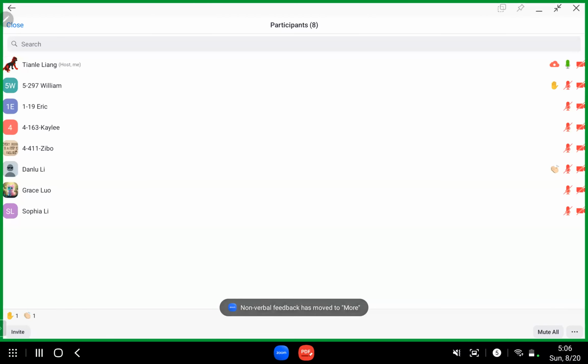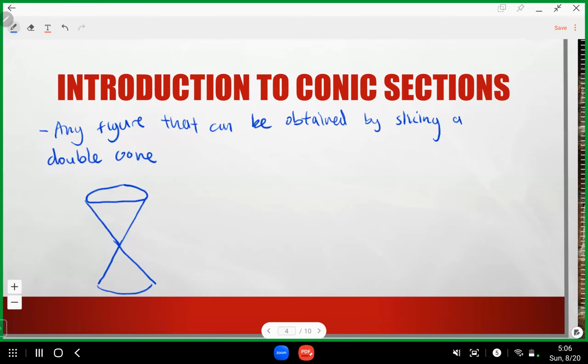How do we slice this? Maybe we could slice it as a parabola. How do we slice a parabola out of this? So basically, if you imagine that we have a double cone, and we use a piece of paper and we slice it, whatever shape is on that piece of paper is a conic section.